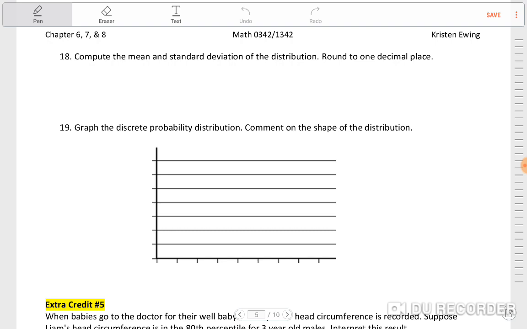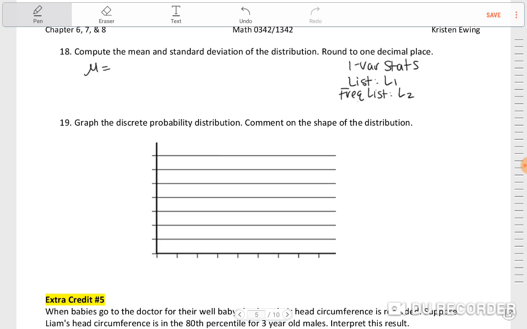For this one here, those will actually be separated into two different problems. But for the mean, you're going to do the same thing that we did for the expected value with list 1, list 2, and your frequency list. So 1-Var Stats, the list is list 1, and the frequency list is your list 2, and then you look at x bar for the mean.